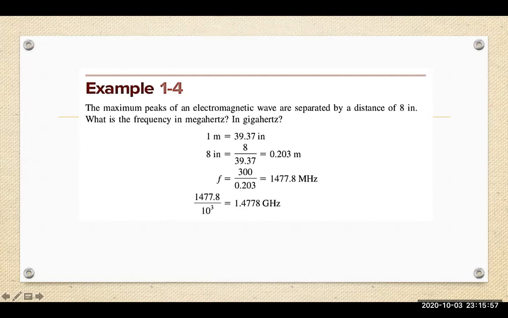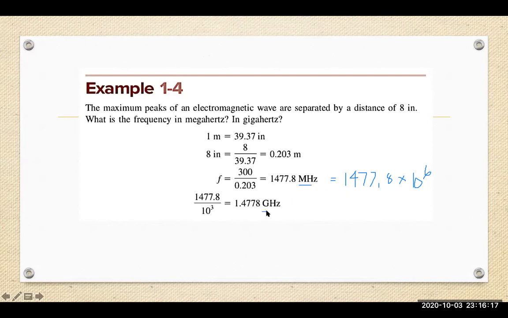Okay, because this means that this is 1477.8. So in terms of hertz value, 10 raised to 6. And you know that this is mega.